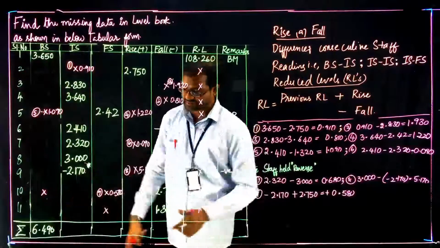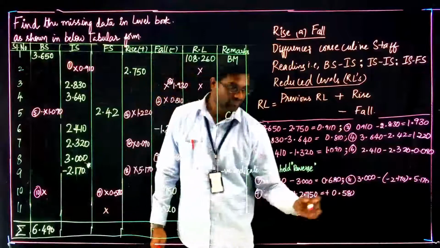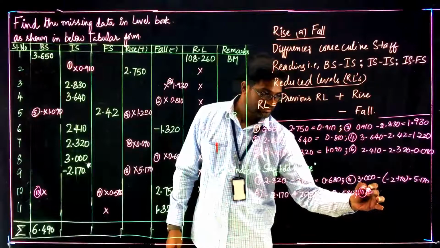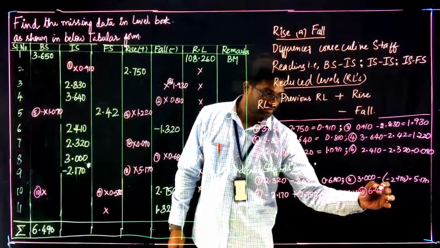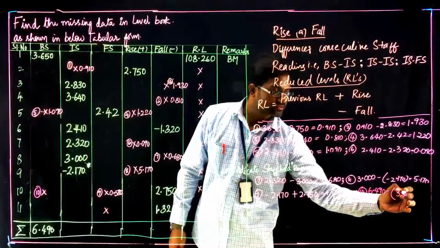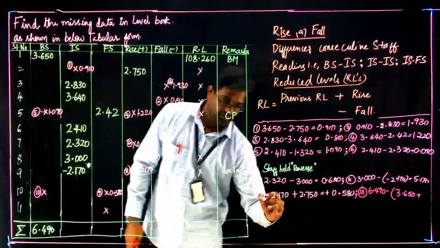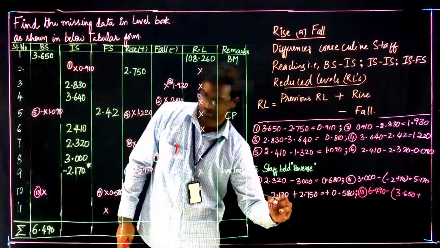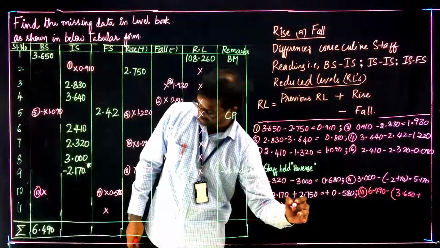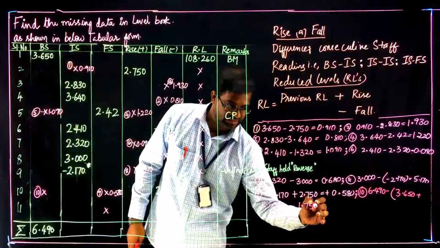Let me take this as the 10th one: 6.490 minus 3.65 plus 1.090 equals 1.750.